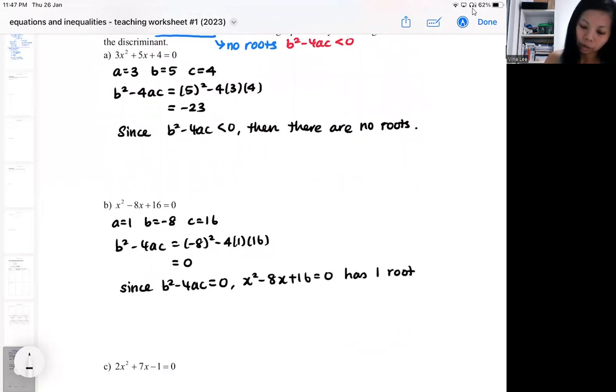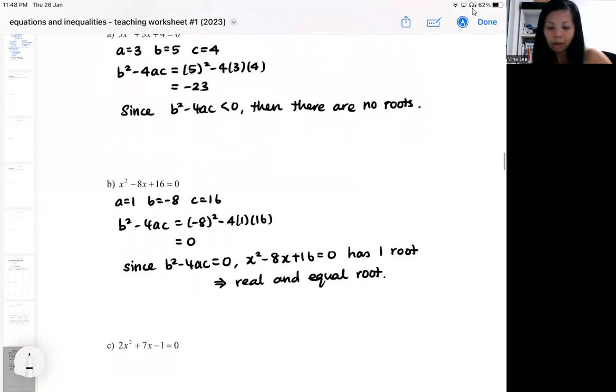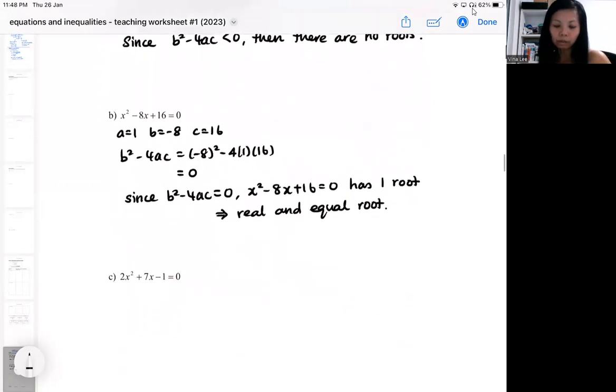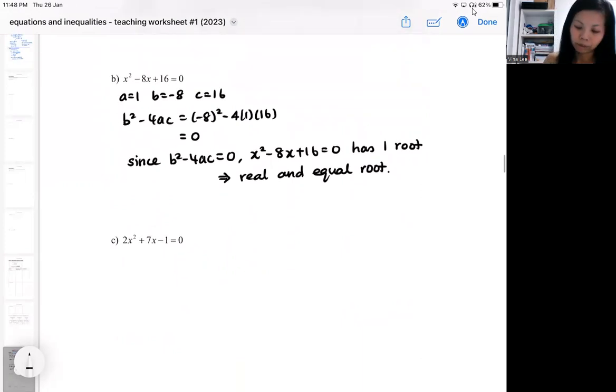So the nature will be real and equal roots. So we try to tell from the value of the discriminant. Okay, so you realize the discriminant doesn't have any unknown algebra. We're getting some precise values first.